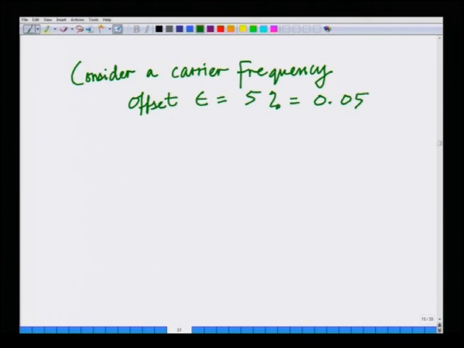Consider a carrier frequency offset epsilon equals 5% equals 0.05.